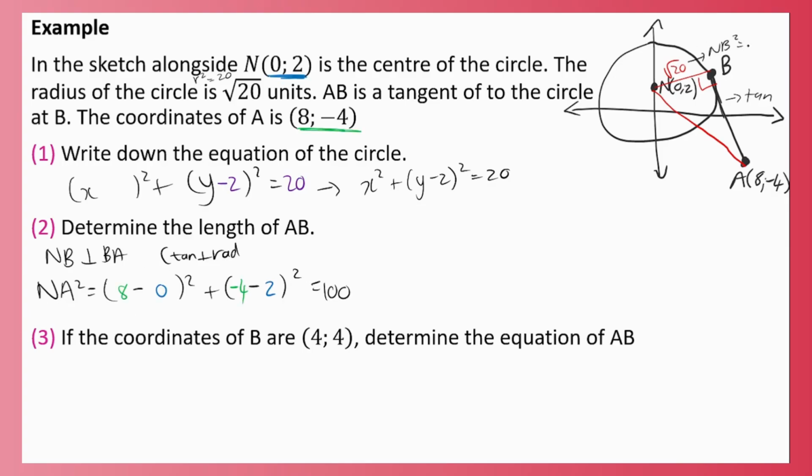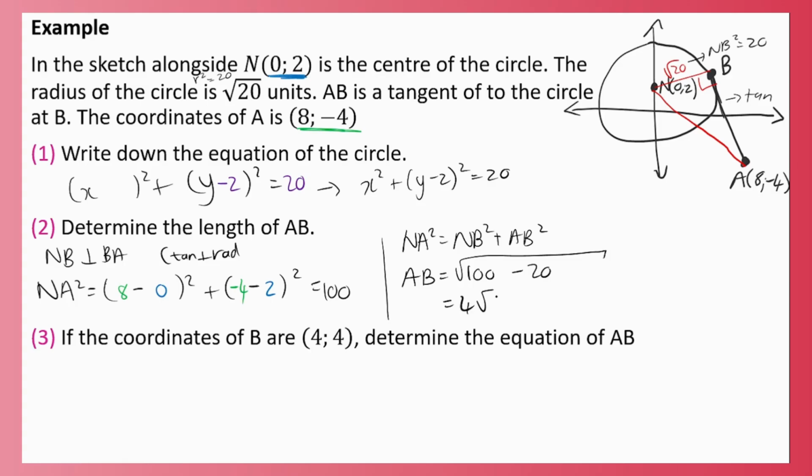We already know that NB squared is going to be 20 because NB is square root 20. Then Pythagoras says the hypotenuse squared is equal to the other 2 sides squared added together. So AB will be the square root of NA squared, which was 100, minus NB squared, which is 20. So that will be square root 80, which is 4 square root 5.